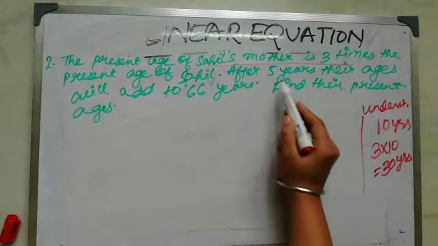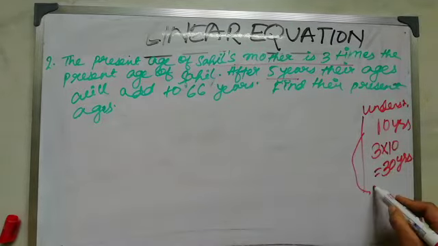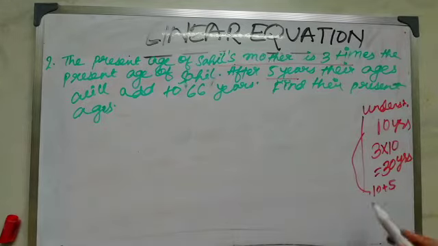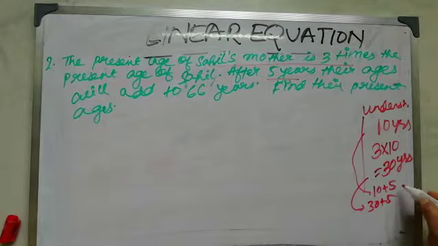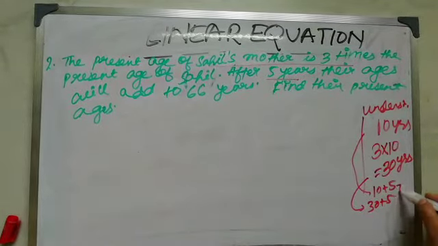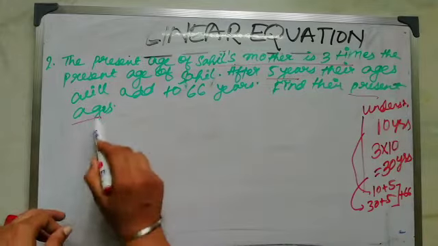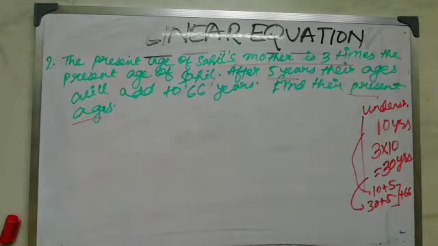Now, after 5 years, Sahil will become 10 plus 5 and obviously his mother will become 30 plus 5, right? So the question is telling that after 5 years, the sum of their ages will be 66. Then we have to find out their present ages. Hope the question is very much clear.